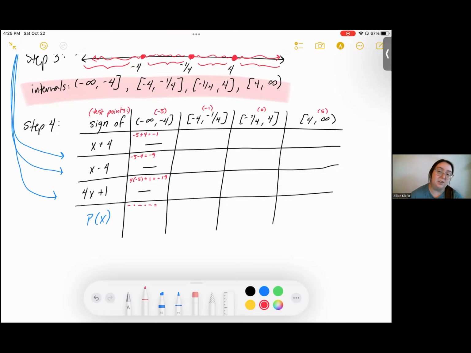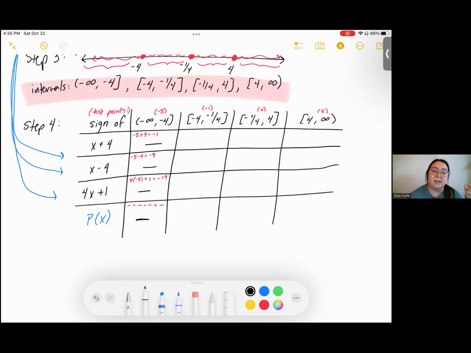We know that a negative number times a negative number equals a positive number, but then a positive number times a negative number would be a negative number. So if you multiply three negative numbers together, the answer has to be negative. That means that our polynomial is negative on the interval.